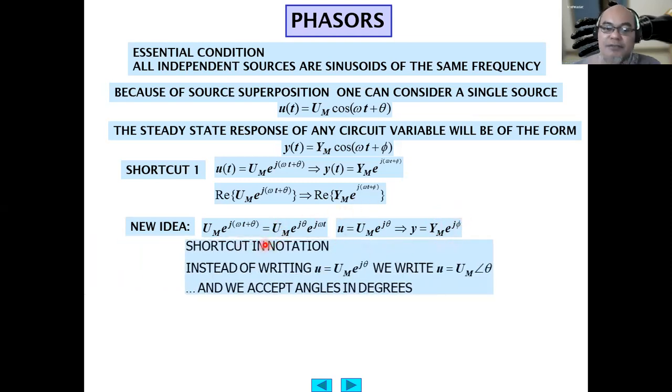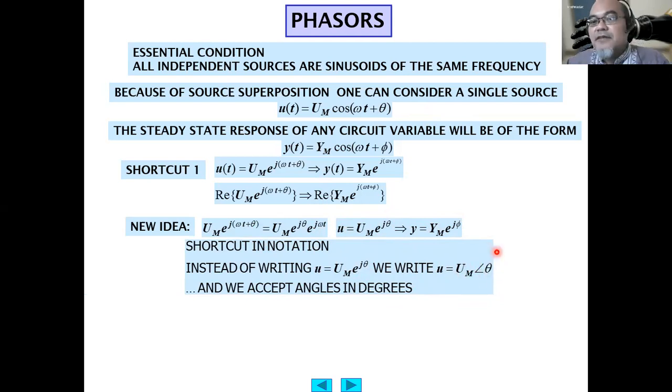So this is a shortcut in notation. Instead of writing U equals Um exponent j theta, we can express it in a notation called its phasor, where it is expressed as Um with a phase angle of theta. This shows a sinusoidal function with magnitude Um and phase theta.